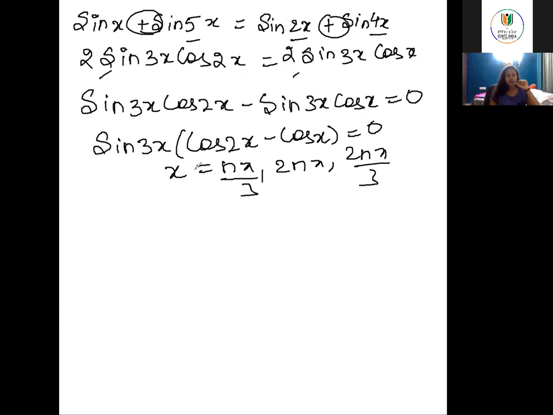That is transforming a product of trigonometric functions into a sum. You can write the headings that I'm telling, but it's not important. You can just write type 3, type 4. So there's this question on type 4 that you can write. Sine 3 theta is equal to 4 sine theta, sine 2 theta, sine 4 theta.